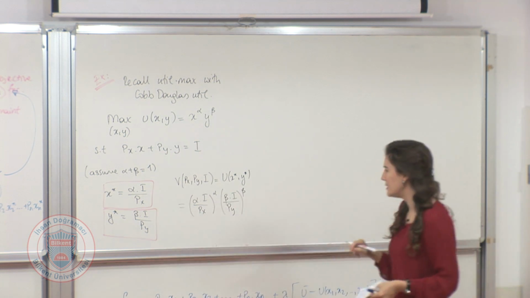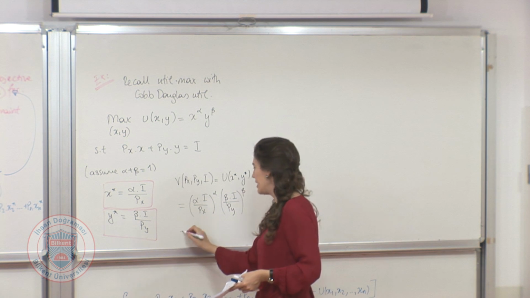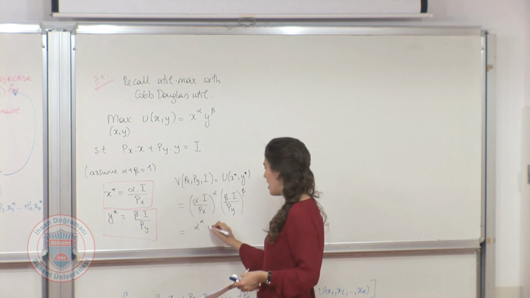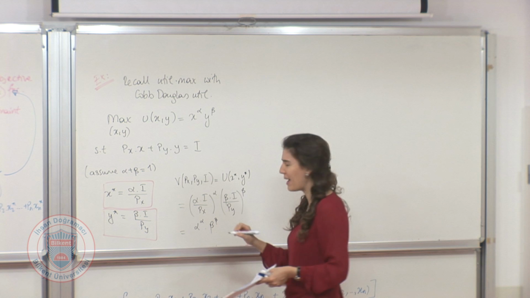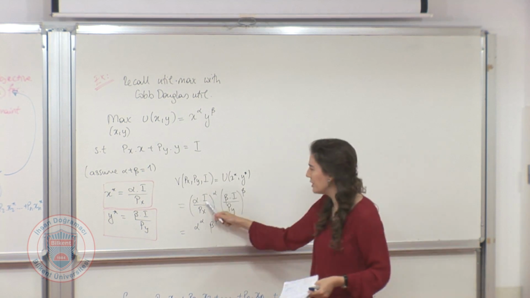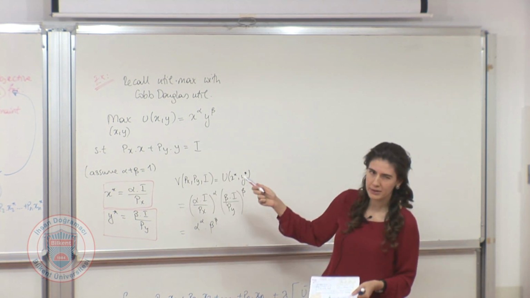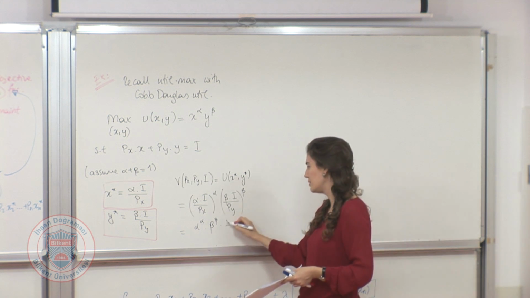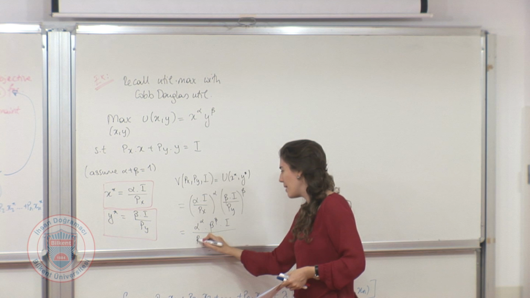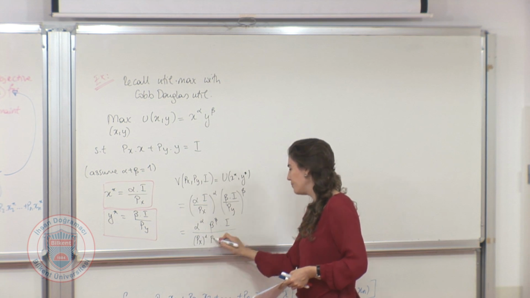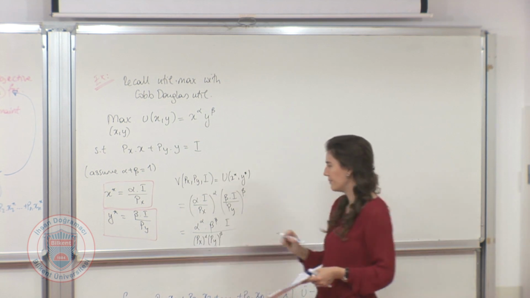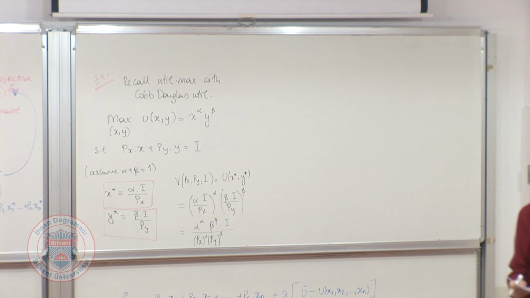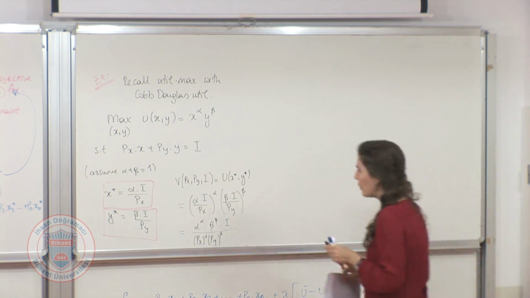This is alpha to the power alpha, beta to the power beta, and then I to the power alpha, I to the power beta. Since alpha plus beta adds up to 1, this is I divided by px to the power alpha, py to the power beta, okay? So this was my indirect utility function.